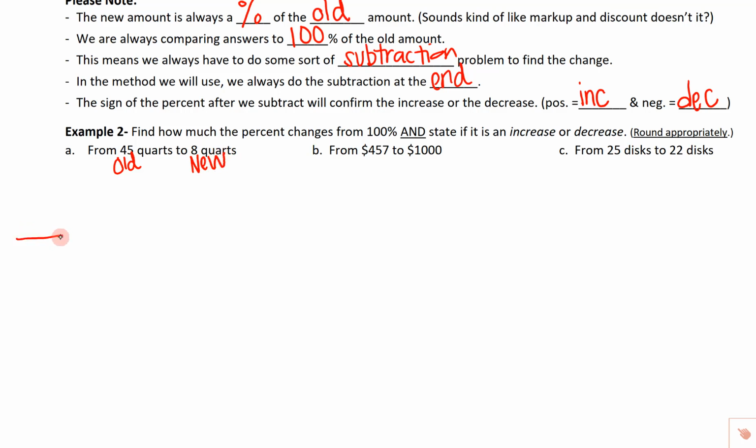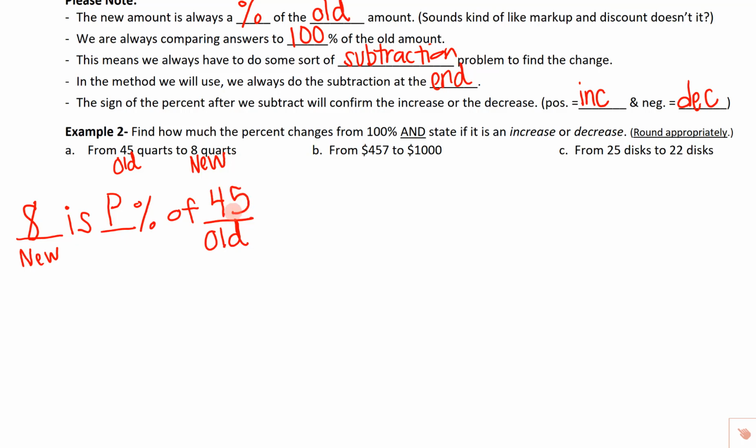Then I'm going to set up my frame: blank is blank percent of blank. Make sure the first blank is the new, and the last one is the old. And these are nice because we're trying to find the percent, so we're just going to put P here. 8 is what we ended with, so that goes there, and what we started with goes here.